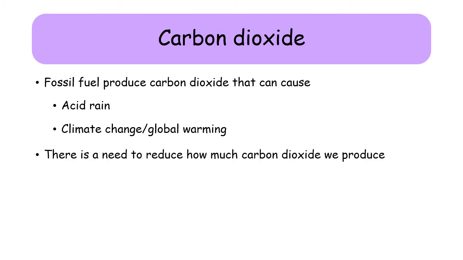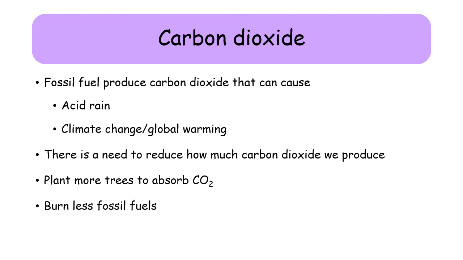So there is a real need to reduce how much carbon dioxide we produce. Ways in which we can reduce carbon dioxide, well, a good one would be to plant more trees, as trees absorb carbon dioxide. So if we have more trees, then the carbon dioxide that we're putting into the atmosphere will be removed. But the best way would actually be to use or burn less fossil fuels.